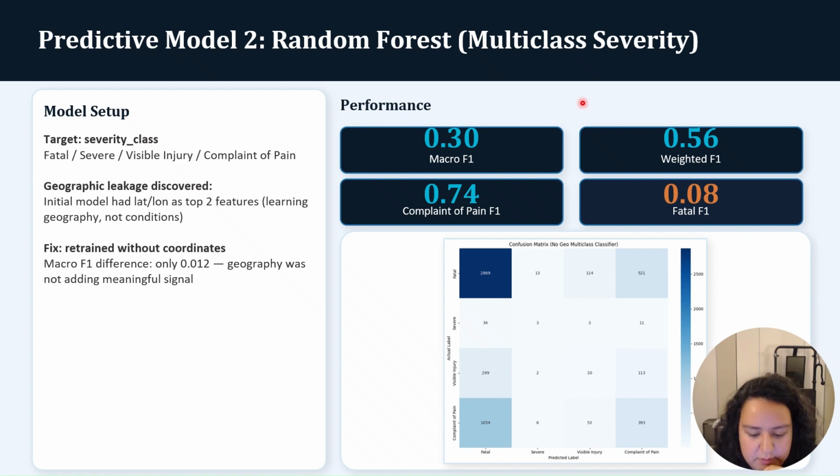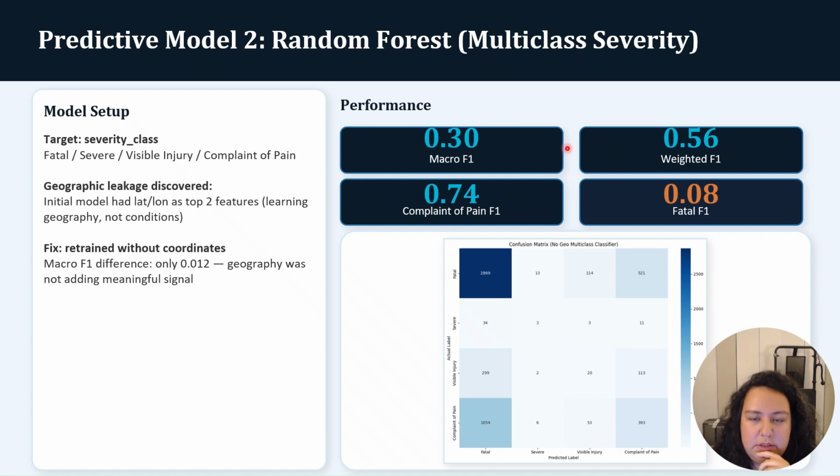But I don't want to look at location in this case, I just want to look at crash conditions. So I ended up retraining without coordinates, and the macro F1 difference was only 0.1012. So that made me confident that removing it was going to be okay.